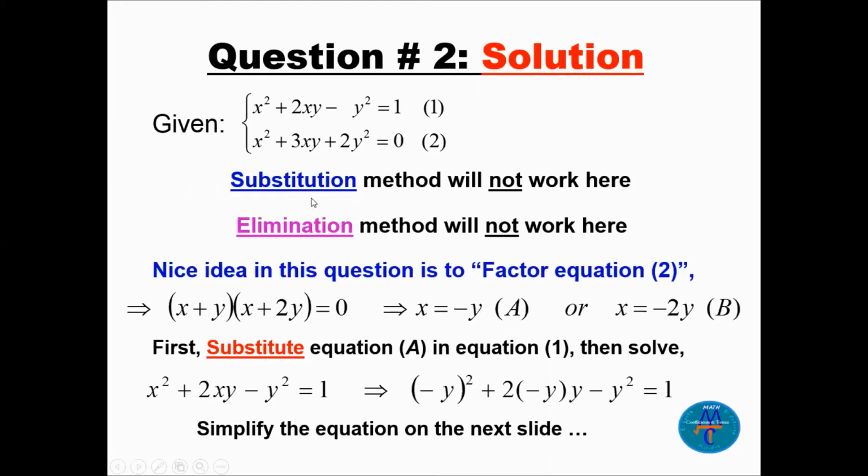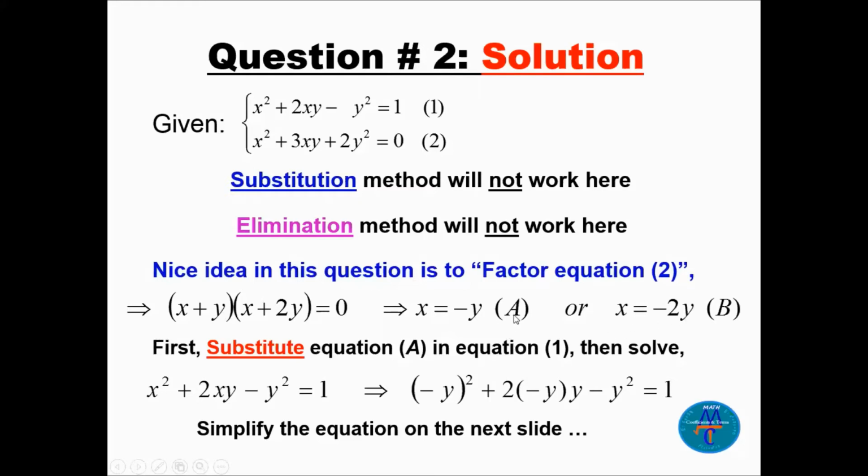So I can factor the second equation here, x plus y, x plus 2y. If you multiply x and x will be x squared, and then 2y, y will be y squared. Inside we have 3xy, so that's correct. Now take the first factor, x is equal to minus y, or x equals minus 2y.